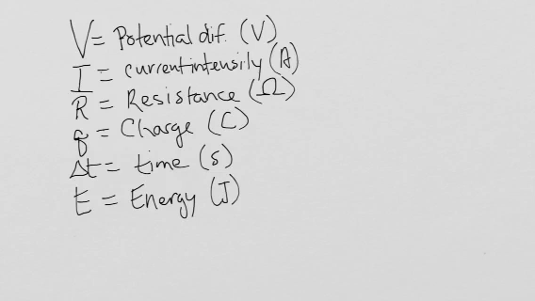Electrical power is the amount of work that an electrical device can perform every second. Now, wait a minute. There's 2 new variables there. Electrical power is the amount of work done by a machine every second. Yikes.